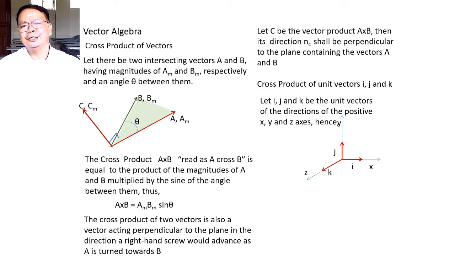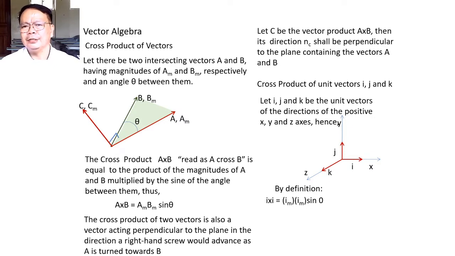If we are to consider two parallel vectors, say for example, vectors that are directed along the positive x-axis, how are we going to write the cross product of the two parallel vectors? So we consider that we have i cross i being the cross product of the two parallel vectors.